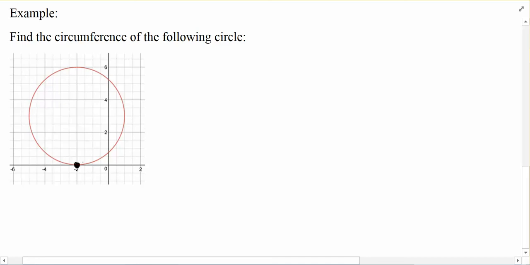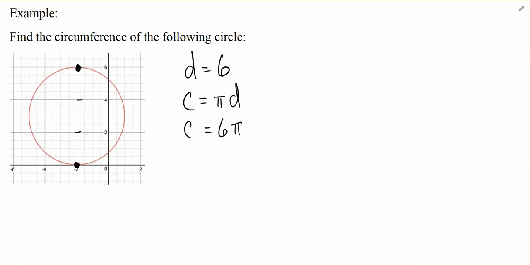So our lowest point is right here. If we look at the highest point, it's right there. So we can see that we've gone up by 2, 4, 6. This tells me the diameter is 6. This allows me to find the circumference then. I could use pi times diameter, so circumference of 6 pi.